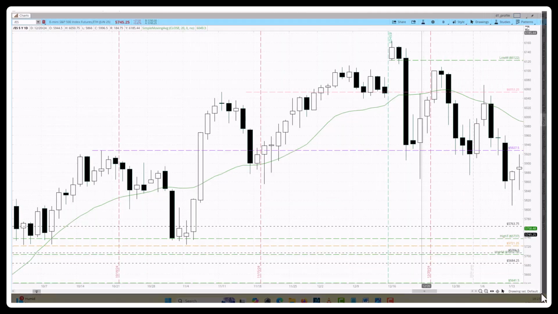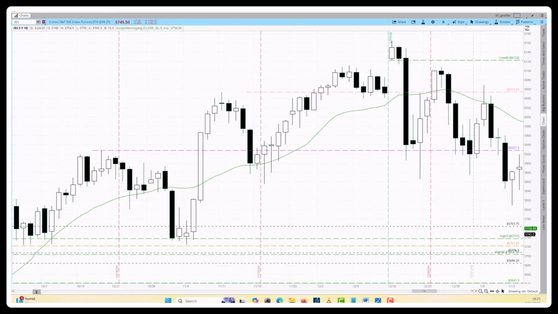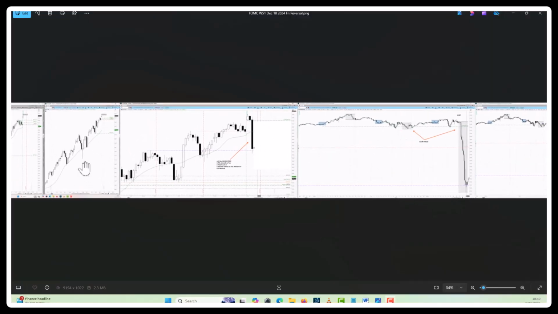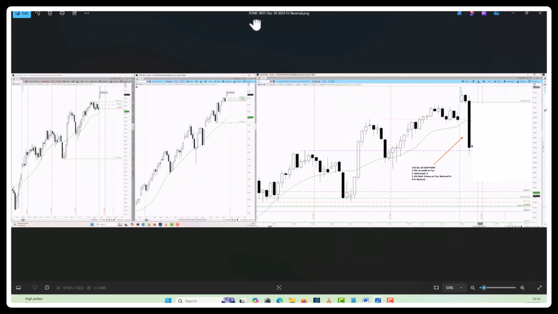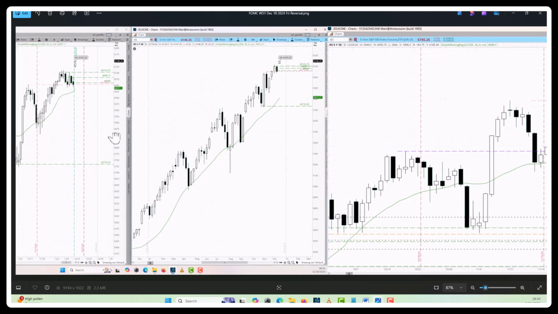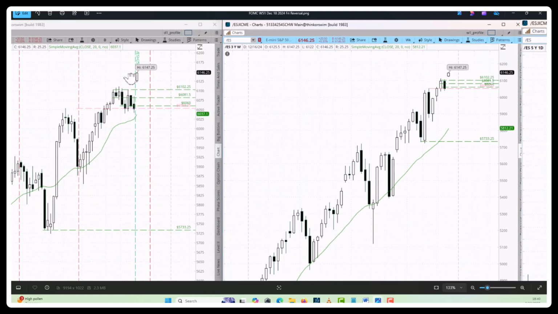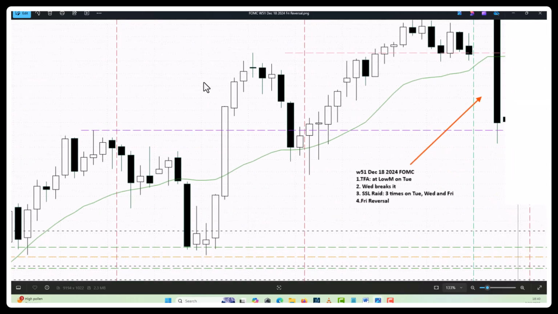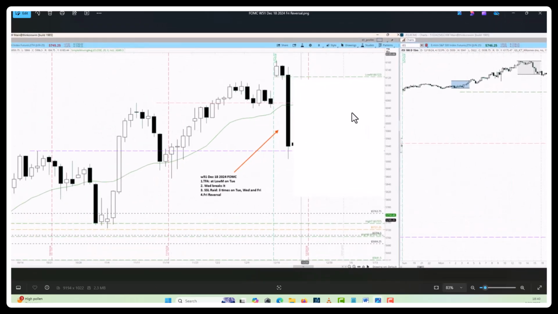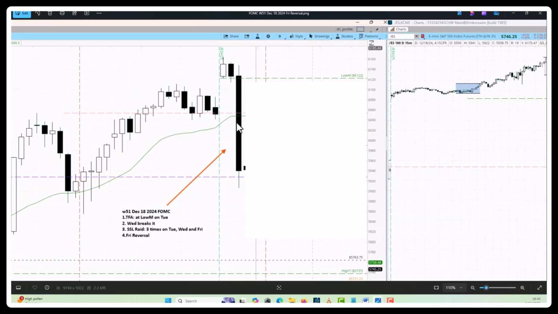We're going to rework. So basically we do a little rework on week 51, the December FOMC meeting right there. So it's the beginning of the week. We see the Monday right there, right? It's set up. Then we go into the Tuesday.